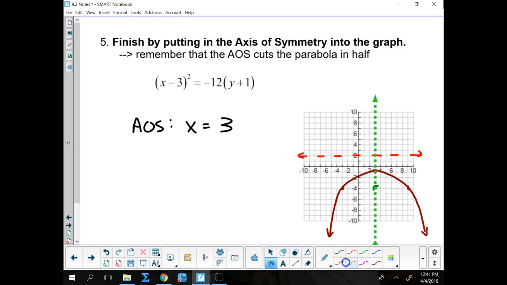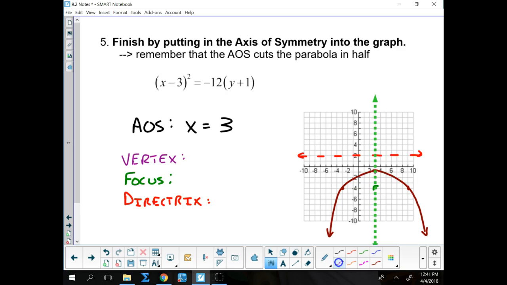Below each one is going to be a spot for you to put the vertex, a spot for you to put the focus, a spot for the directrix, and a spot for the axis of symmetry.